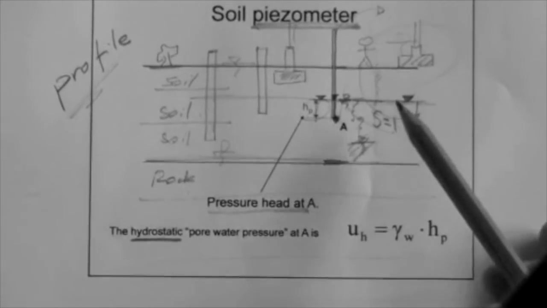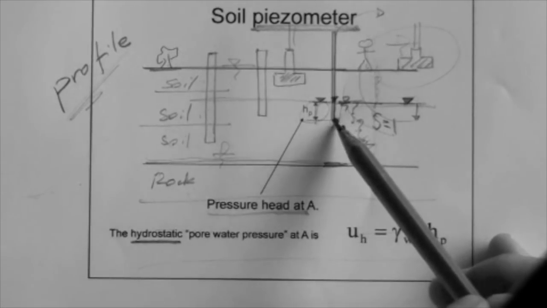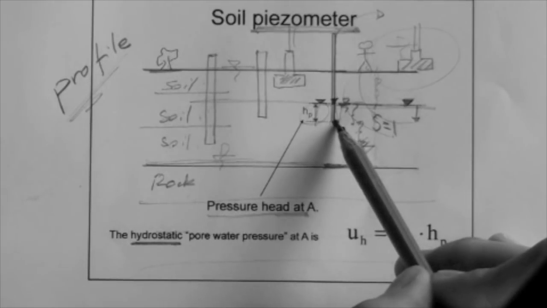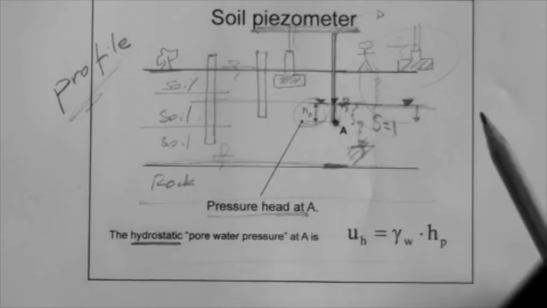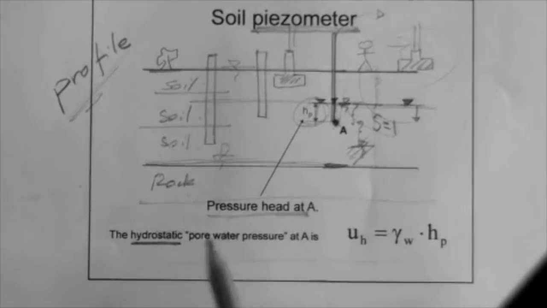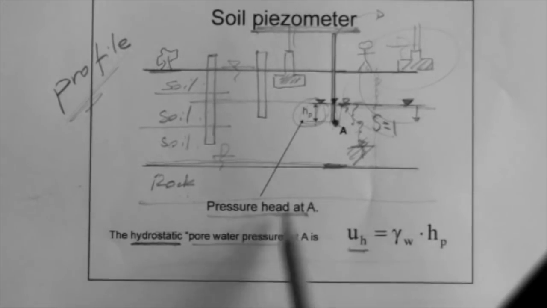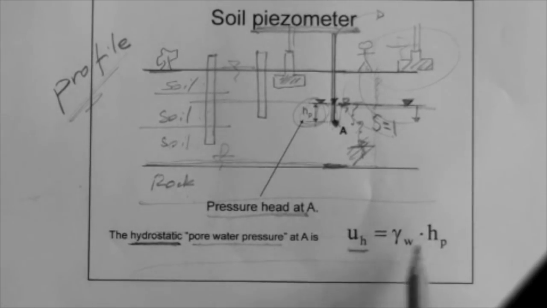We're talking only about the static case where the pressure at a point is only due to the weight of water above that point, and the water is not moving. So that pressure head is the hydrostatic pressure head, and therefore the pore water pressure, the water pressure at that point, is the hydrostatic pore water pressure.